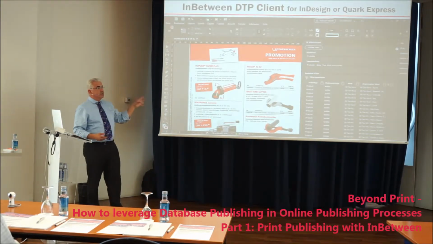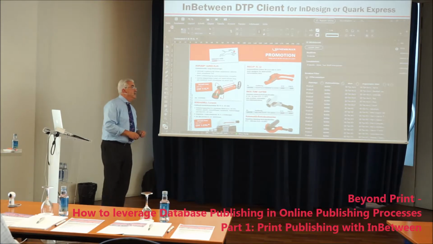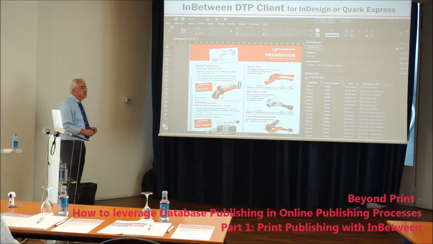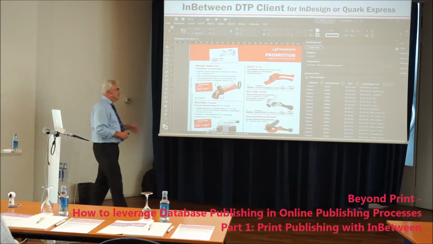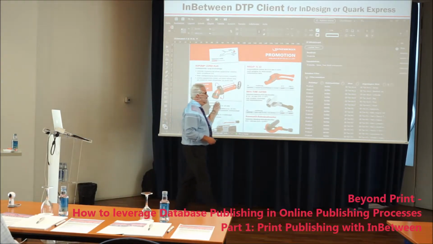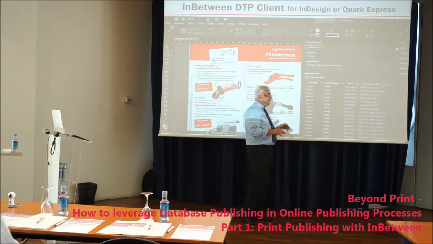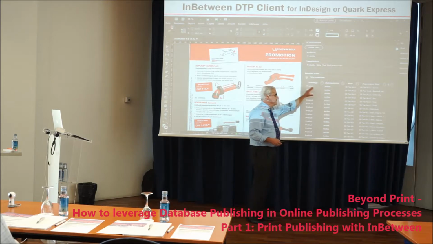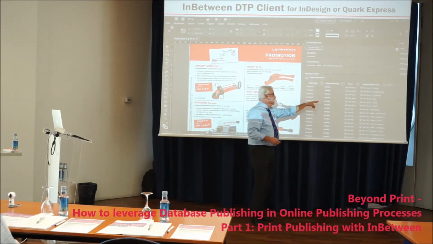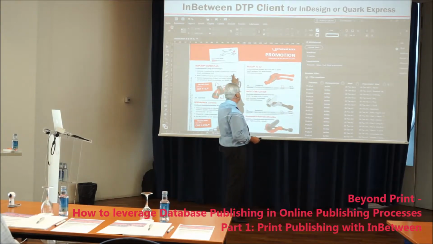The main tool we use is the InBetween DTP client, which we provide for InDesign or QuarkXPress. And this is a very simple solution: in principle, you have lists of products, you can choose different templates, and you grab the product and put it onto the page.